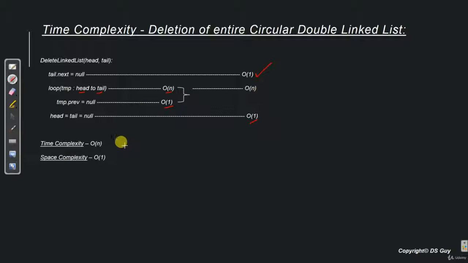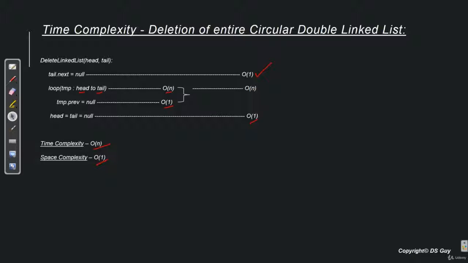So if we add up all of this, we get time complexity of order of n. Now the space complexity is order of 1 because we are using some temporary variables here and there, but they are not in proportion to the size of the list. Hence the space complexity becomes order of 1. So I hope you have understood how to delete the entire circular double linked list.